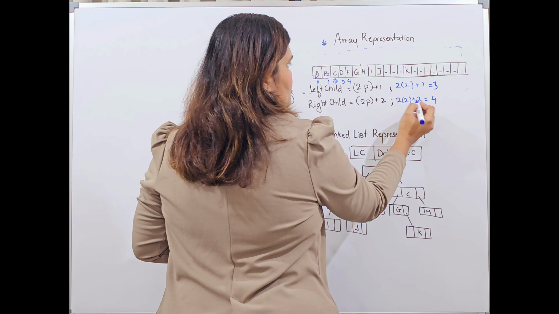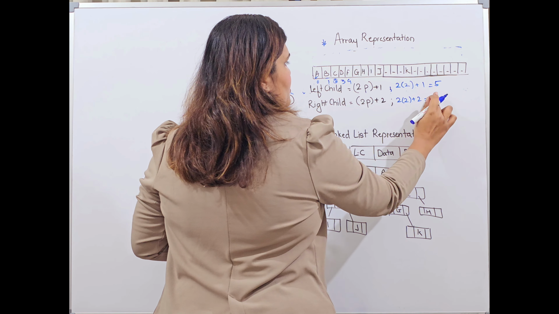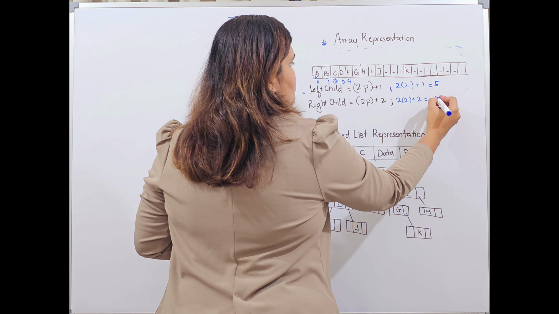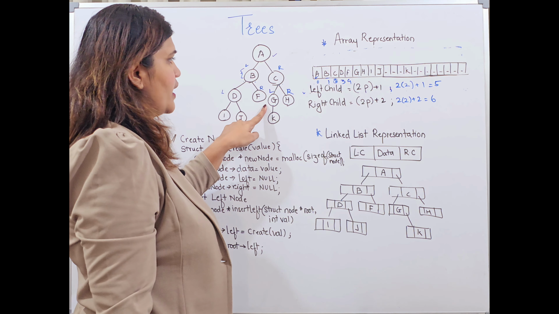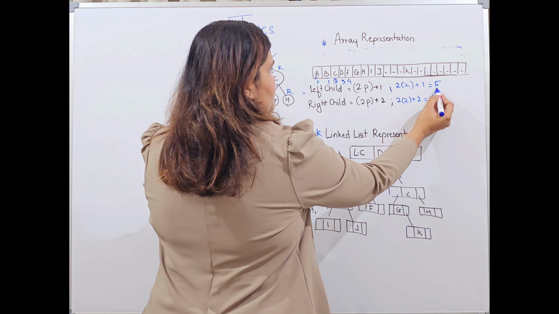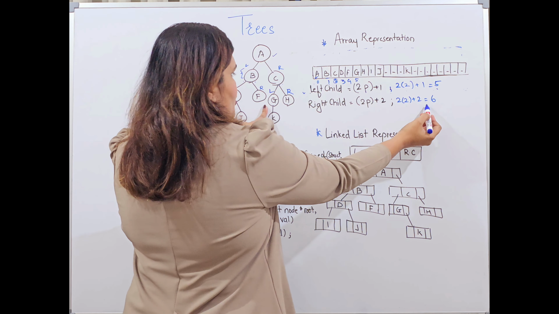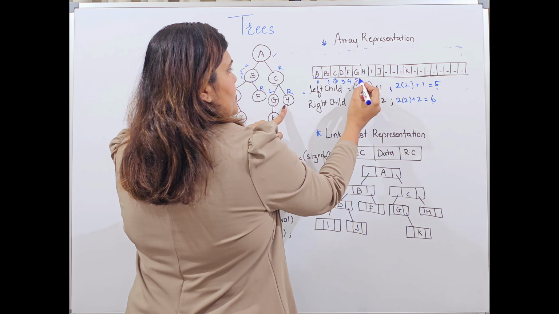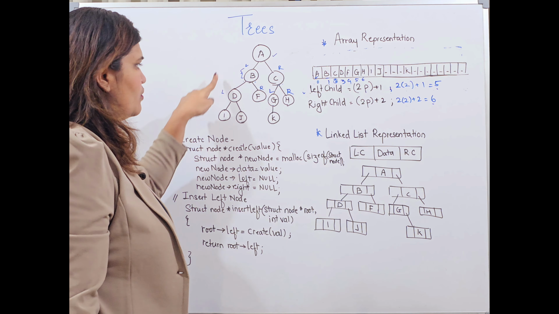So 2 of 2, 2 2s are 4 plus 1, 5. 2 2s are 4 plus 2, 6. So the left child G is put at index 5, and the right child H will be put at index 6. Okay, that is how you complete the tree.